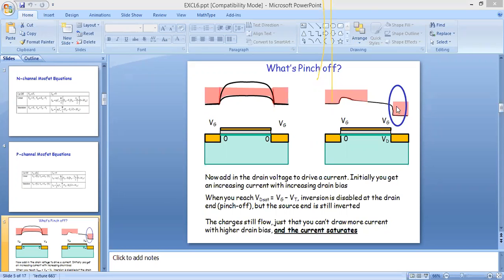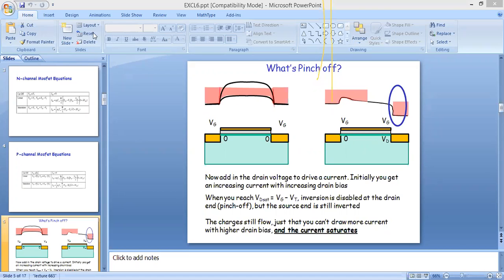That's why the value of current will saturate, because here the height of the channel is reducing. When the value of VDS becomes greater than VGS minus VTH, at that time inversion will get disabled at the side of the drain, due to which we will get inversion only at the source terminal, but we will not get inversion at the drain terminal. That's why we cannot increase the amount of current.